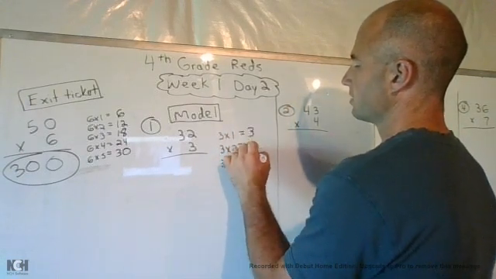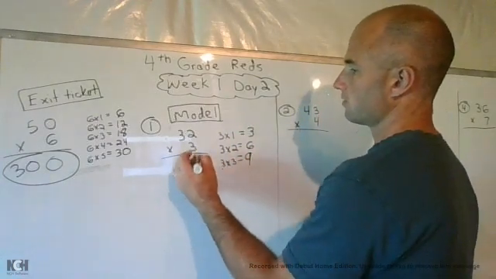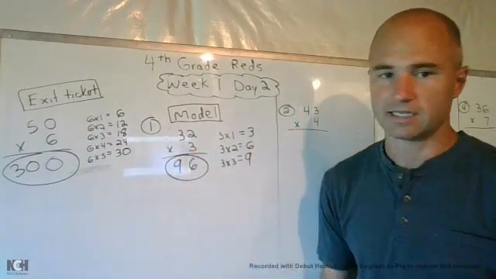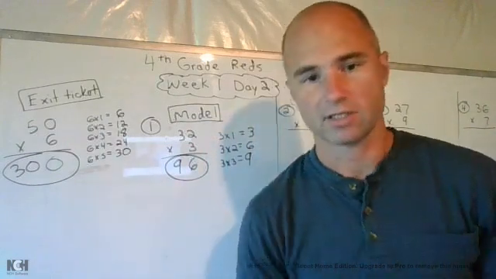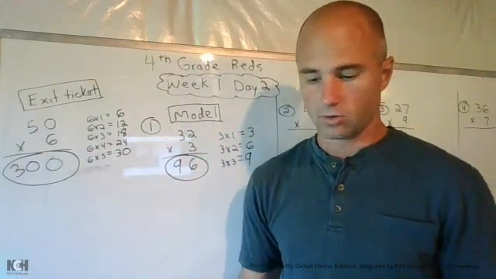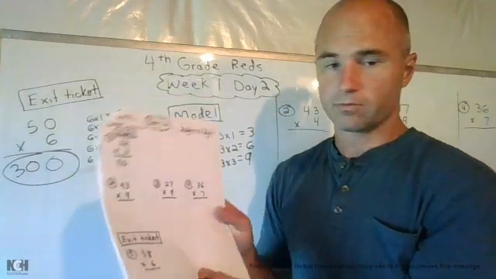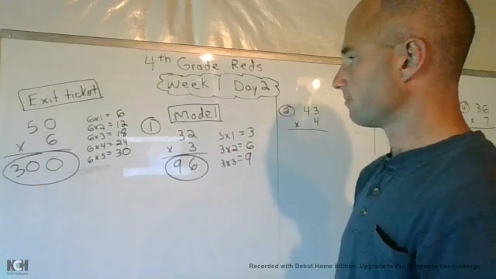I'll get 3, 6, and 9. 3 times 2 equals 6. 3 times 3 equals 9, giving me the answer of 96, which you obviously see in your packet. But that's how I got to 96.